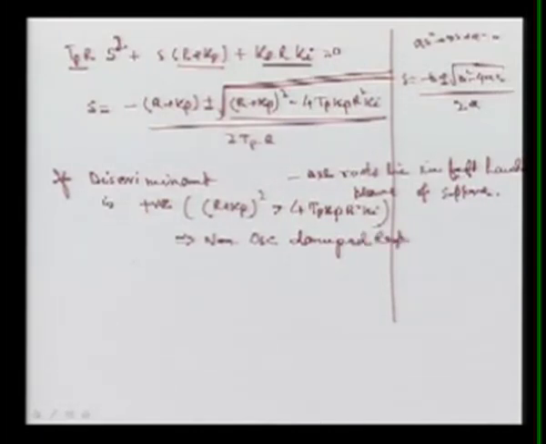Another possibility is that it is negative. In that case, R plus Kp, that is the square, is less than the value 4 Tp Kp R square Ki, and now this will give your oscillatory damped response.